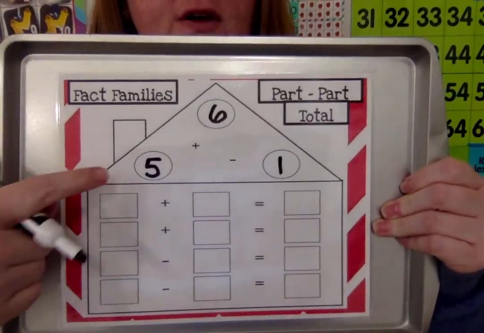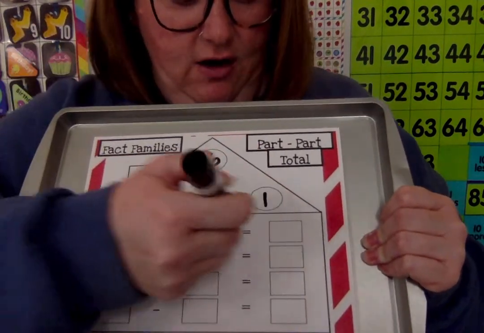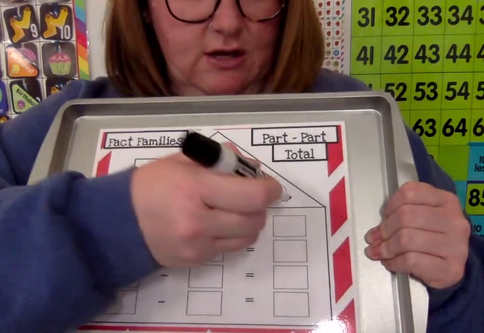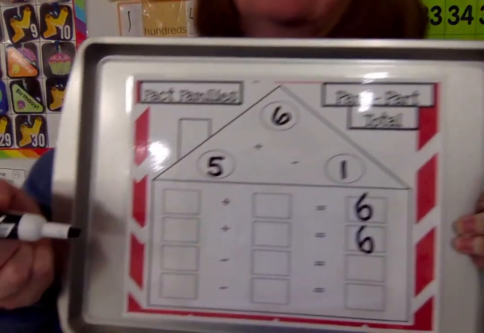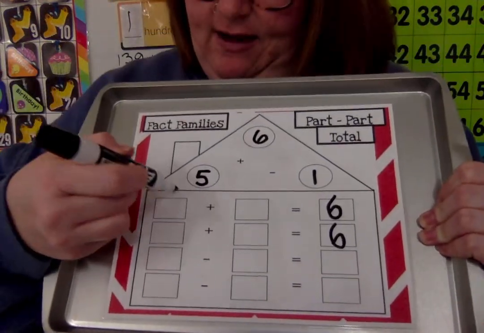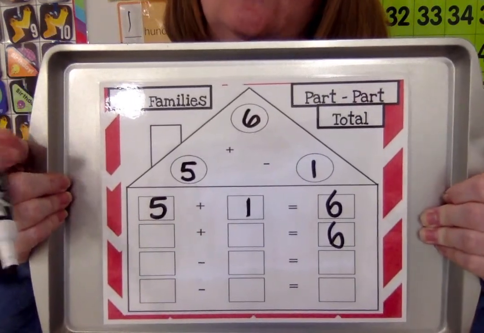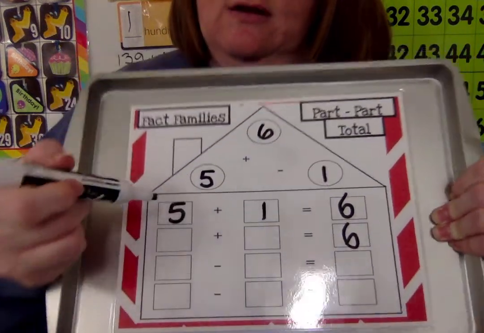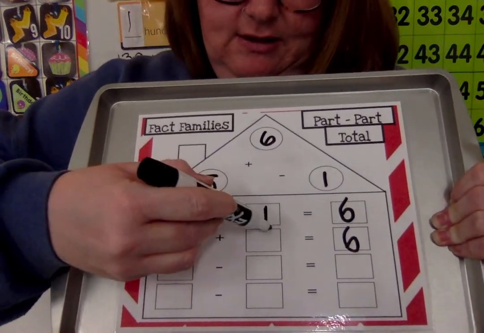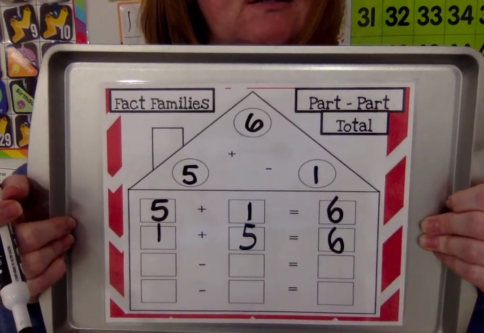So if we think about the 2 addition equations, we know they are part plus part. That equals the total. So these should equal 6. I could say 5 plus 1 equals 6. Or its turnaround fact. 1 plus 5 still equals 6.